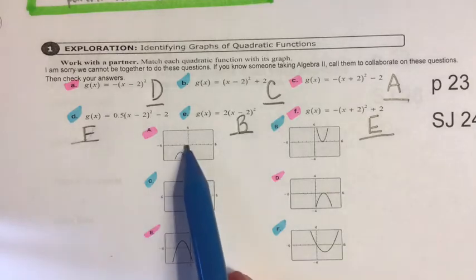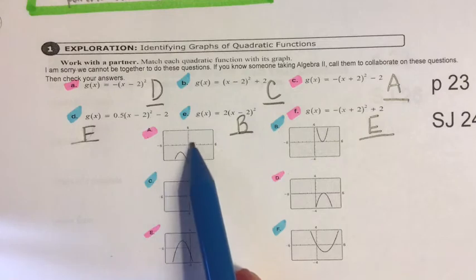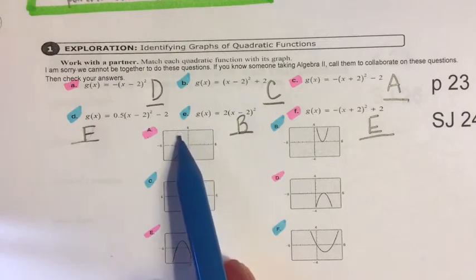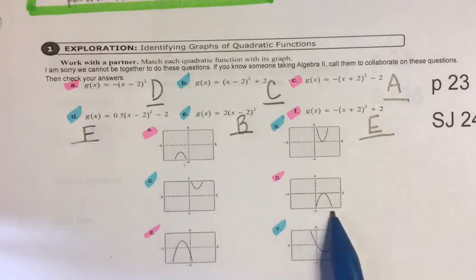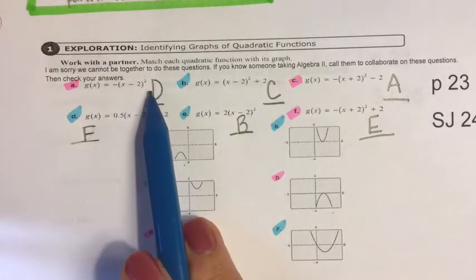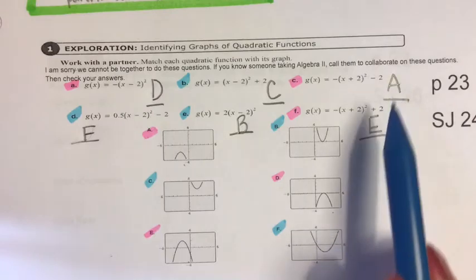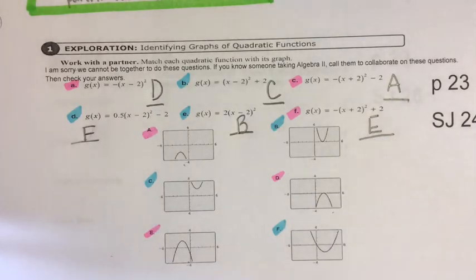So when the parent function is at the origin, it's pointing up. Every graph that pointed down is a reflection across the x-axis, and therefore would only be the correct choices for A, C, and F.